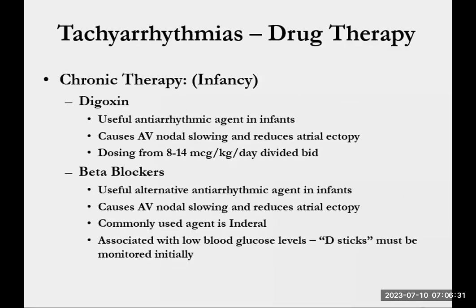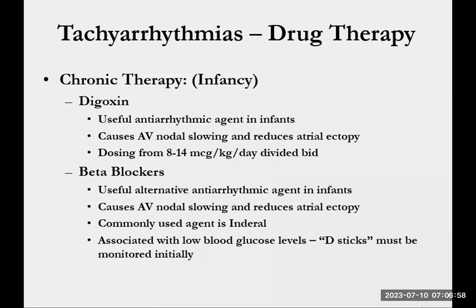In terms of chronic therapy, digoxin is not uncommonly used as an antiarrhythmic agent in infants. It is considered more old-fashioned. It's not a very strong arrhythmia medication, but it definitely has its place, particularly in patients in whom you might want to use it for two things, such as some inotropy as well as for antiarrhythmic properties.